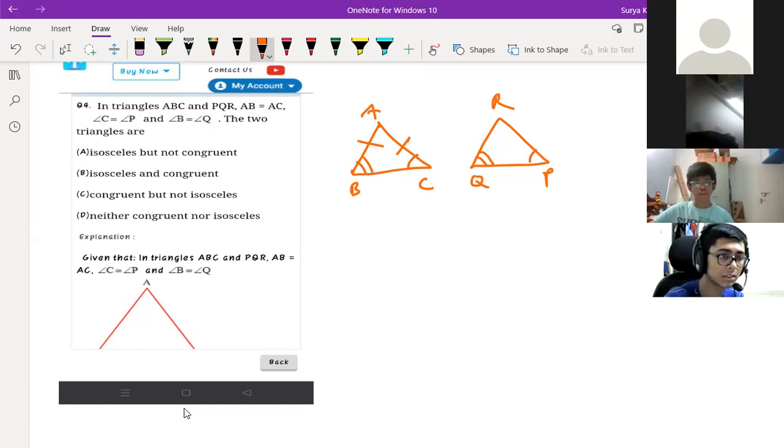Isosceles but not congruent. See, is this congruent or not, children? No, sir, it's not, sir. Isosceles and congruent. Congruent but not isosceles. Neither. Sir, isosceles but not congruent.